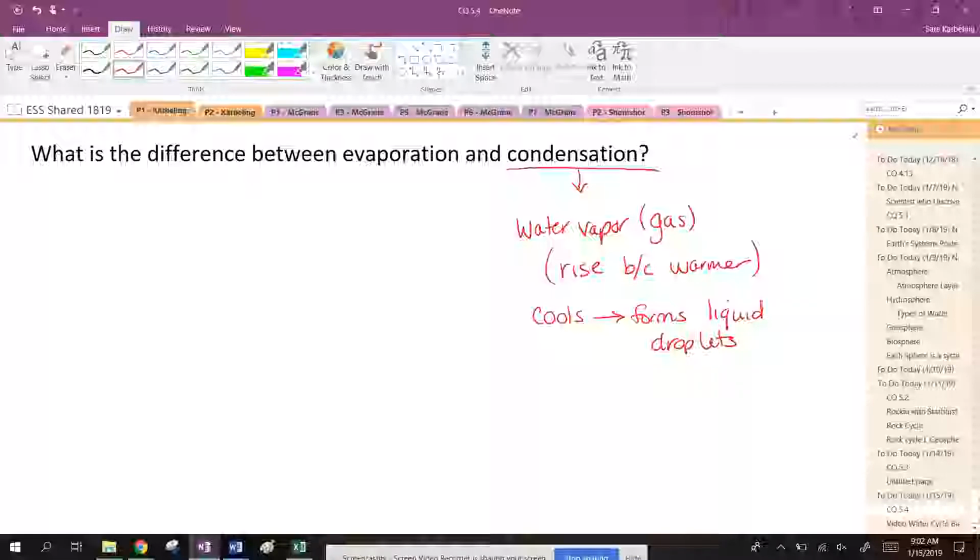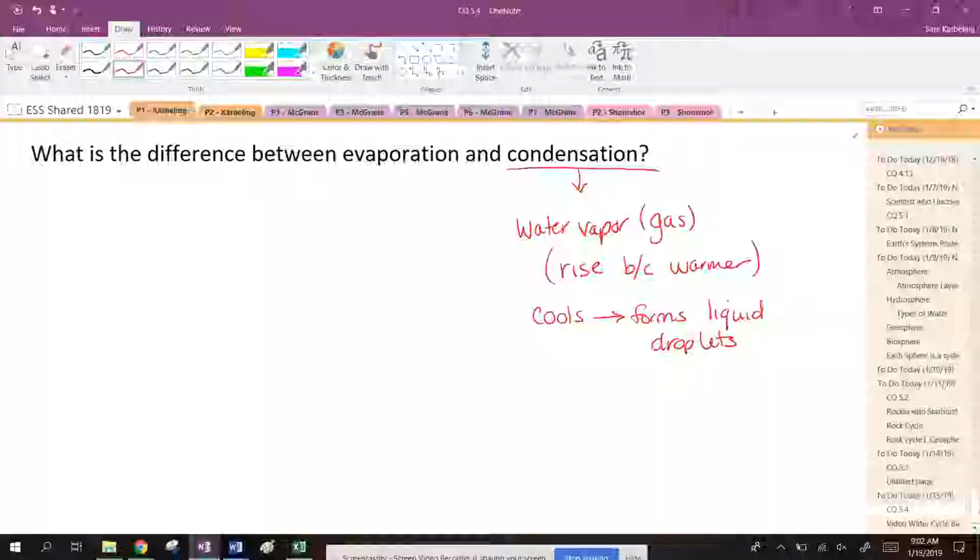Okay. Was there any other condensation that you saw or experienced when you were doing this? Or was it just the cloud that formed inside the beaker?